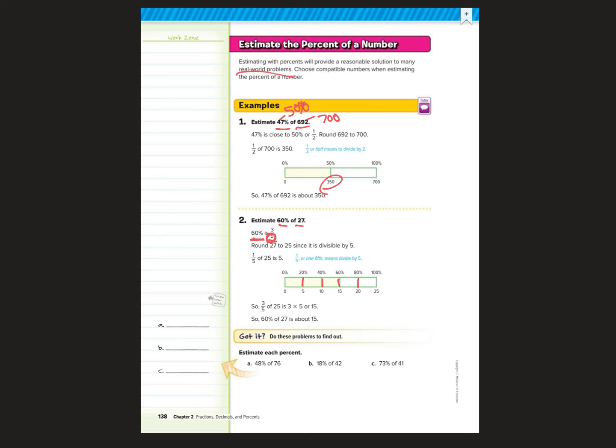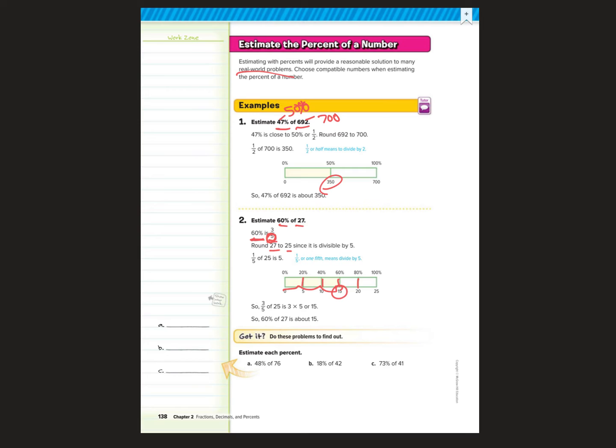We're going to round 27 to 25. If I cut 25 into 5 equal pieces, and I want the third one, 5, 10, 15, it's about 15.